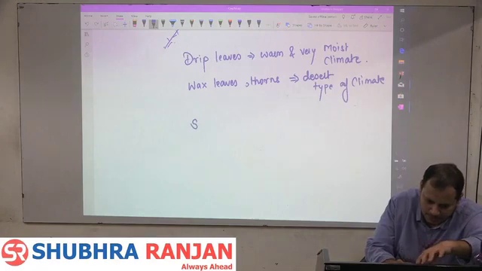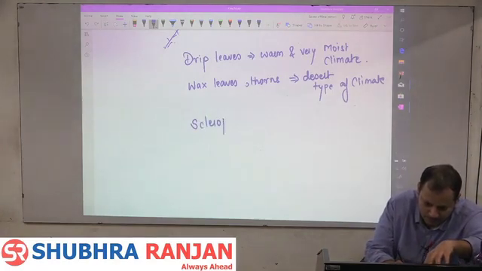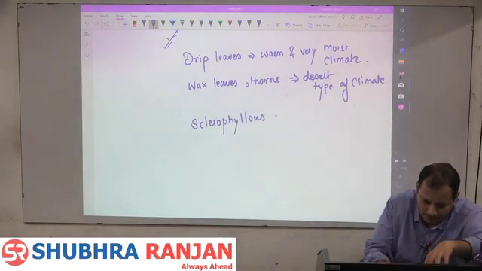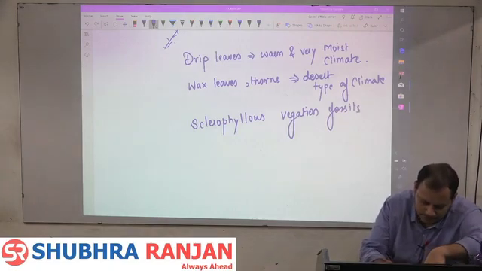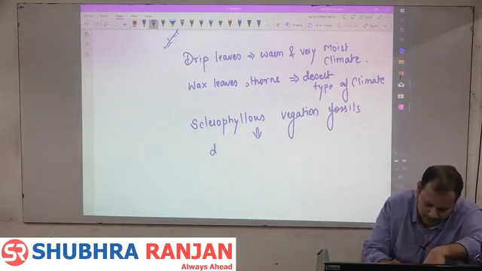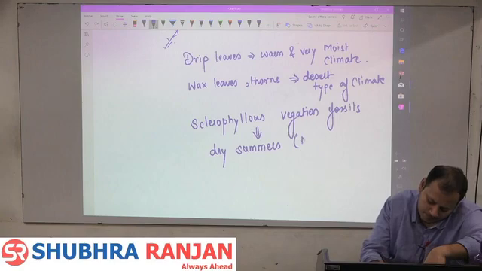Then sclerophyll or sclerophyllous vegetation fossils indicate dry summers.